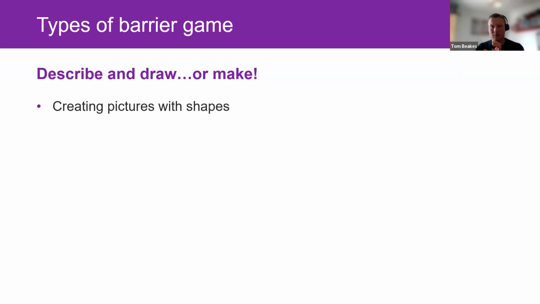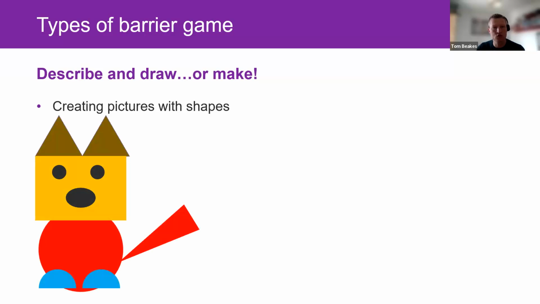By creating pictures connected to the curricular content with shapes, you're going to reinforce the curricular vocabulary, and of course their shape vocabulary as well, but also their general language skills. So this would be something like the first partner takes some geometric shapes of different colors and makes an image related to the topic being studied.